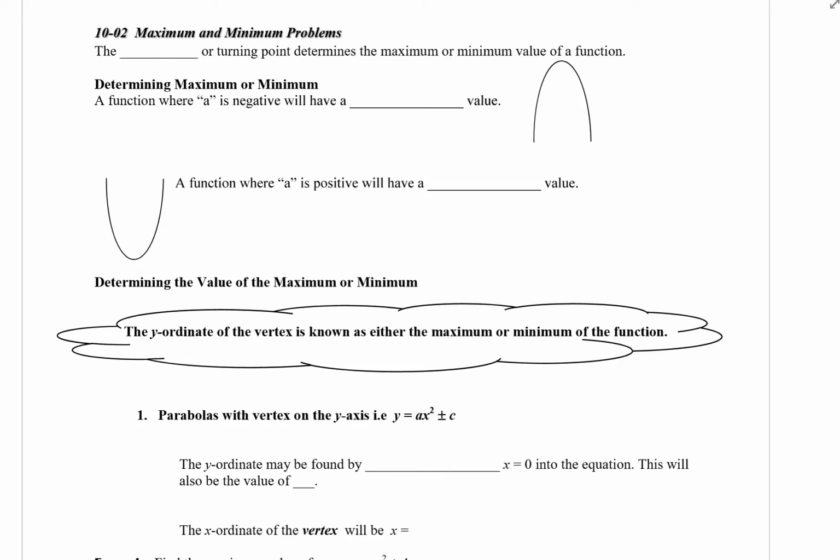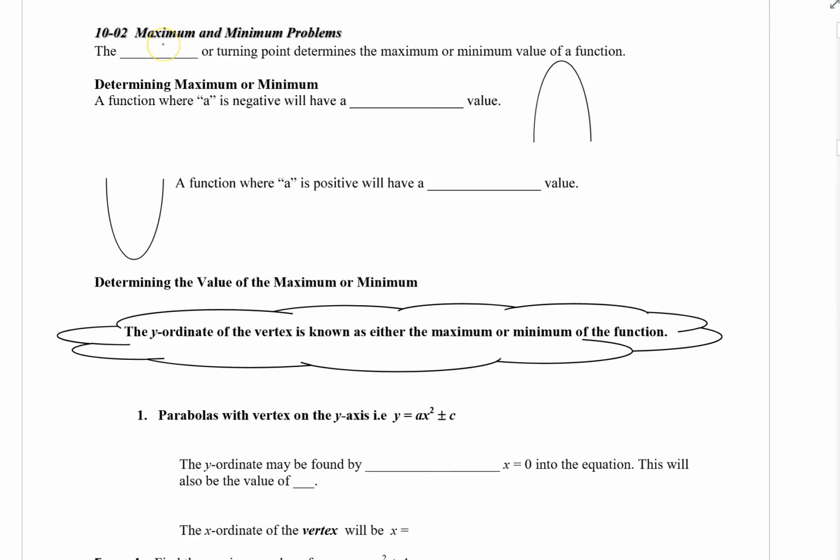In exercise 10.02, we look at the concept of the maximum or the minimum point on our graph of the quadratic equation. Now, I touched on this slightly at the beginning in the introduction.